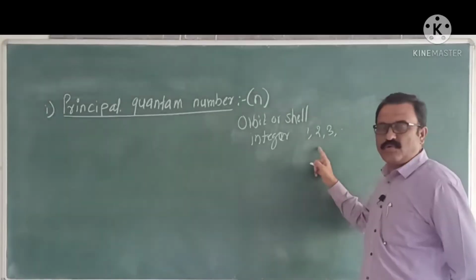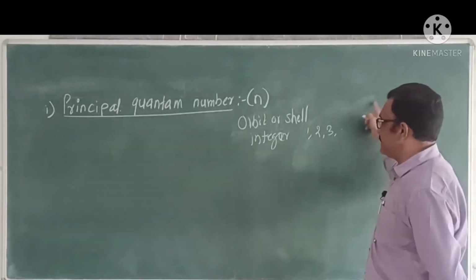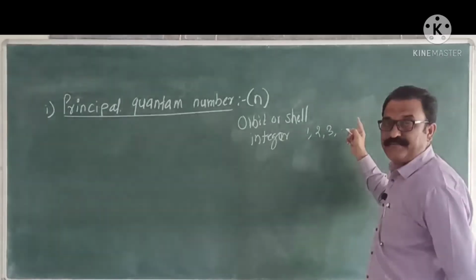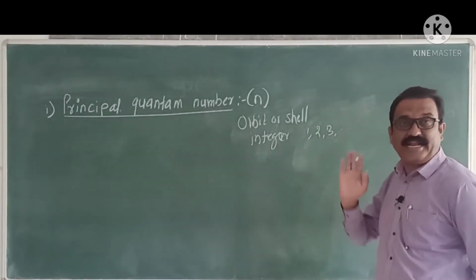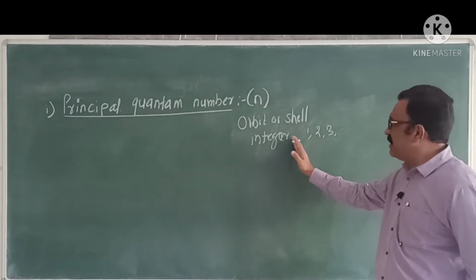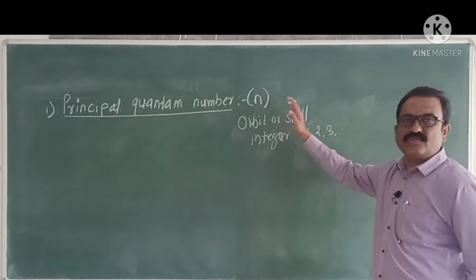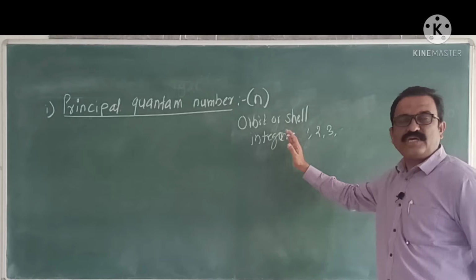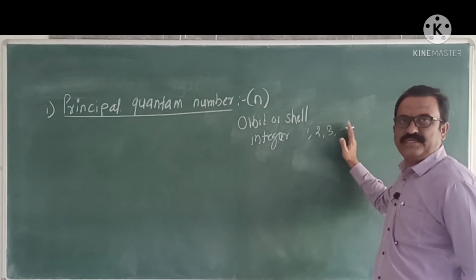When n is equal to 2, the electron is present in the second orbit or second shell of an atom, and so on. As the value of n goes on increasing, the electron moves away from the nucleus.